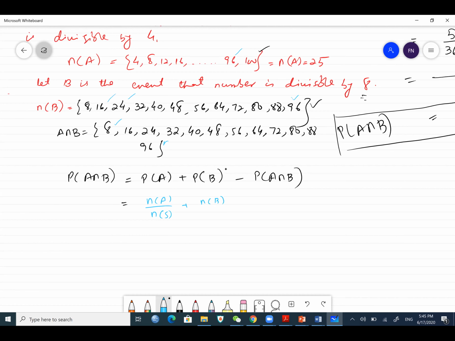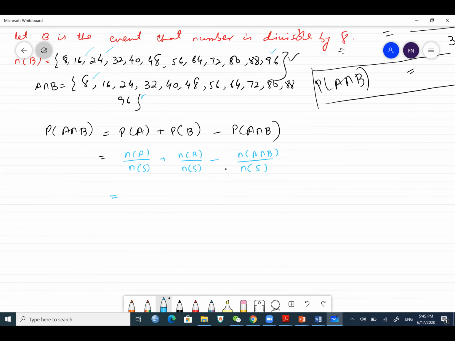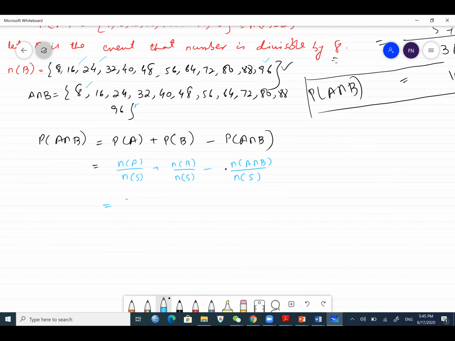N of B over N of S minus N of A intersection B over N of S. So N of A, in A we have 25 elements over 100 elements.